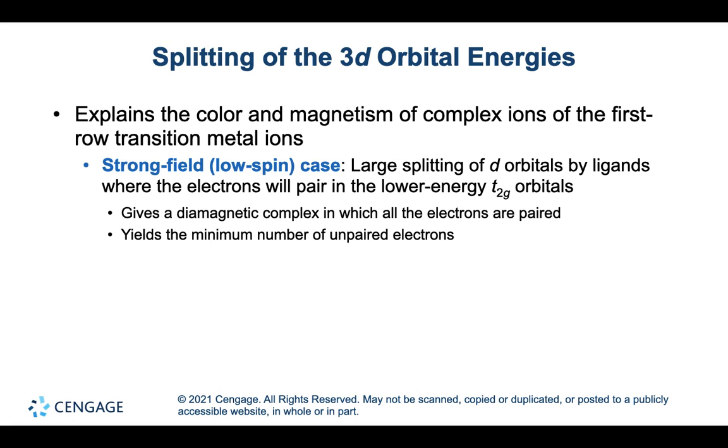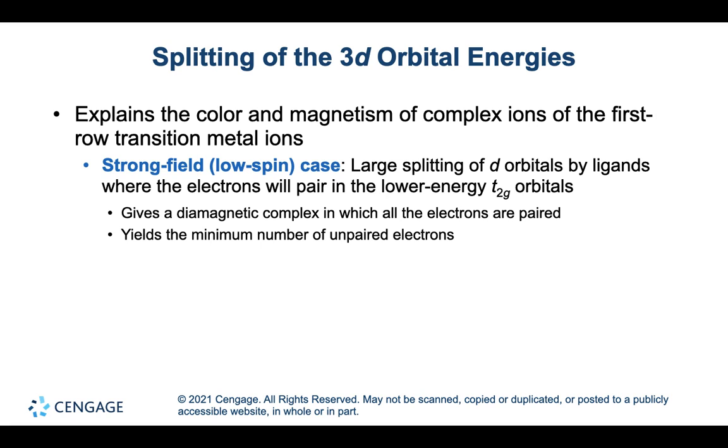The strong field example, which is also the low spin example, is when your ligands interact strongly with the d orbitals, and you get a large splitting between the t2g and the eg. And as a result, when the electrons enter the d orbitals, they are going to double fill the t2g before they start adding electrons to the eg.